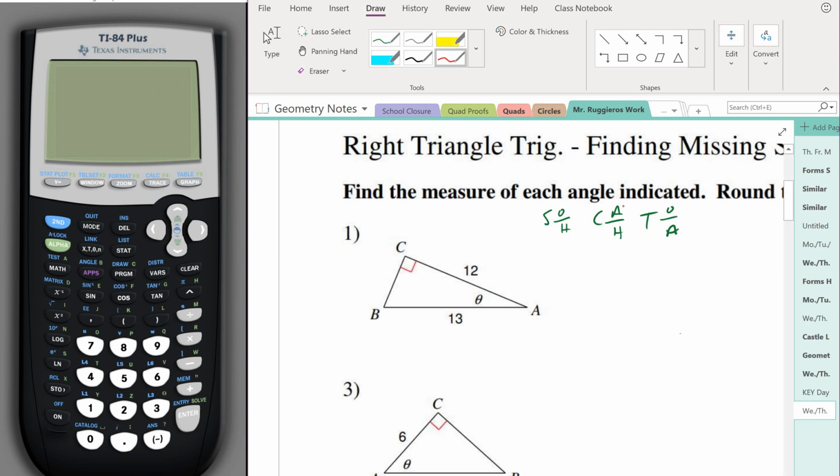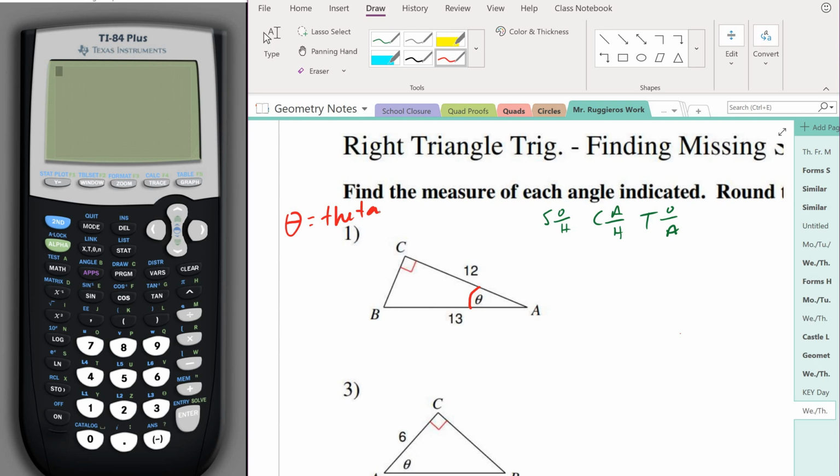To recap, the sine is the opposite over the hypotenuse, the cosine is the adjacent over the hypotenuse, and the tangent is the opposite over the adjacent. In all these questions, we're trying to find the angle. The angle is theta, the Greek letter that looks like a 0 with a line through it, and we use it to find missing angles in trigonometry.